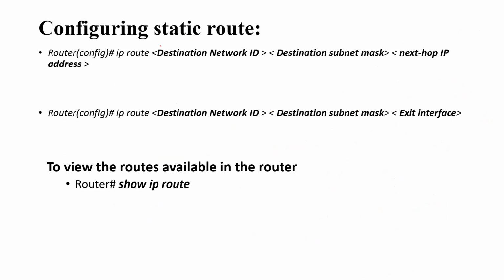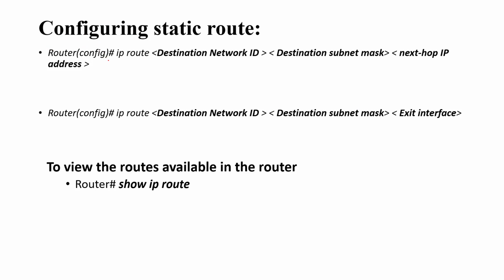Let's see how to configure the static route in the router. Here we know the modes of the router, that is user mode, privilege mode, and global configuration mode. Can you tell me which mode it is? Global configuration mode.